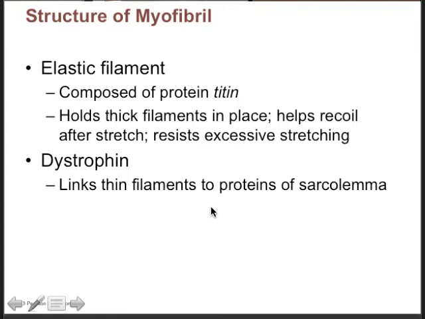Some of the more severe forms primarily affect men more than women because the defective gene is carried on the X chromosome.